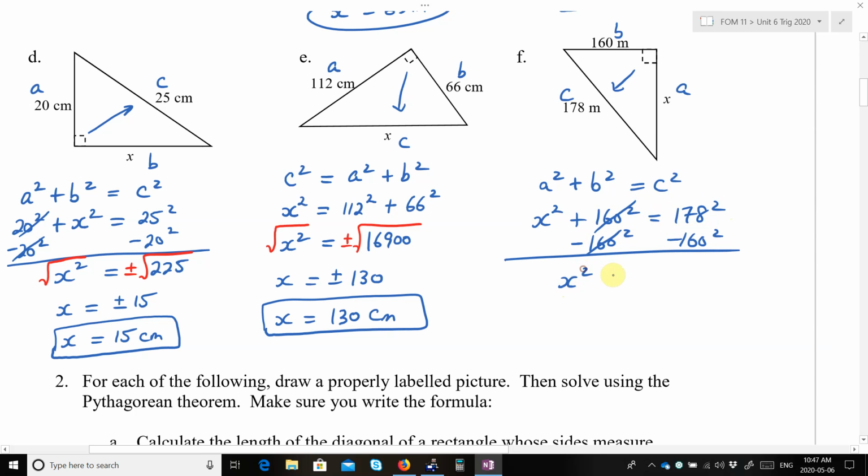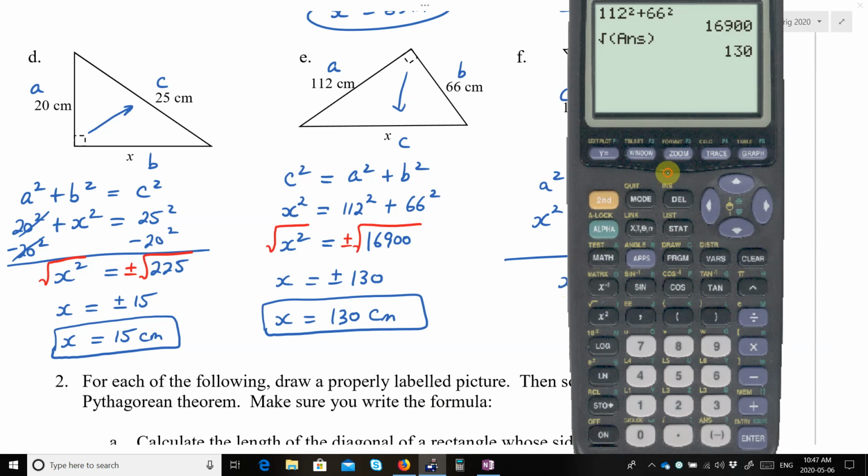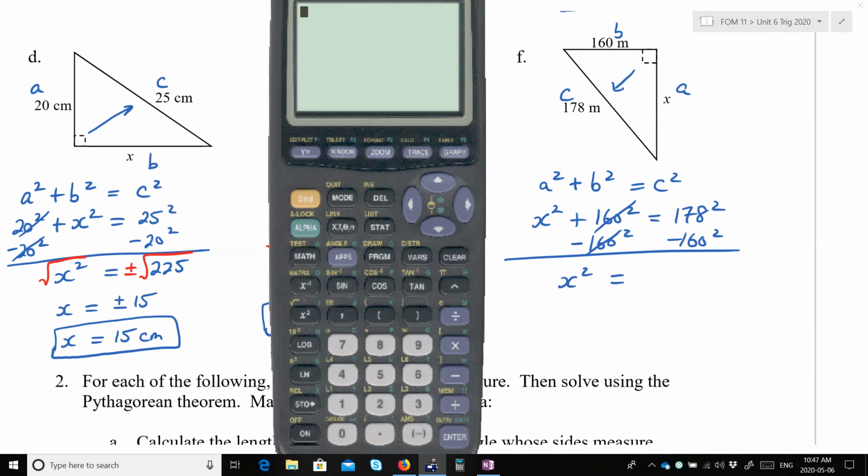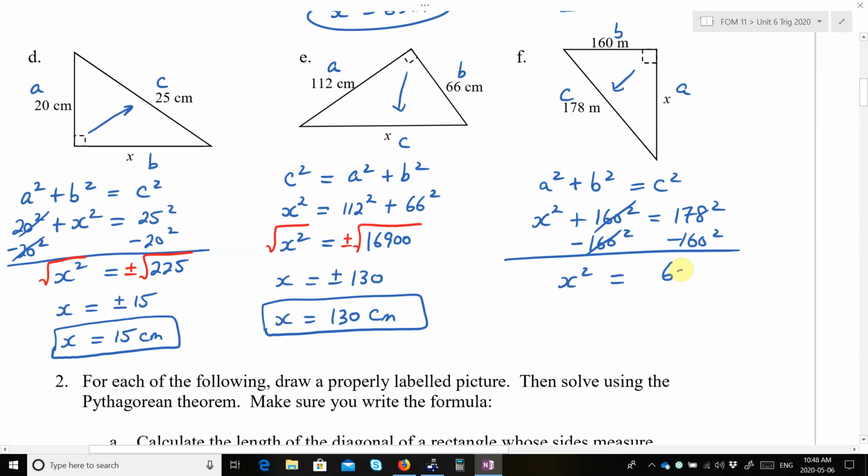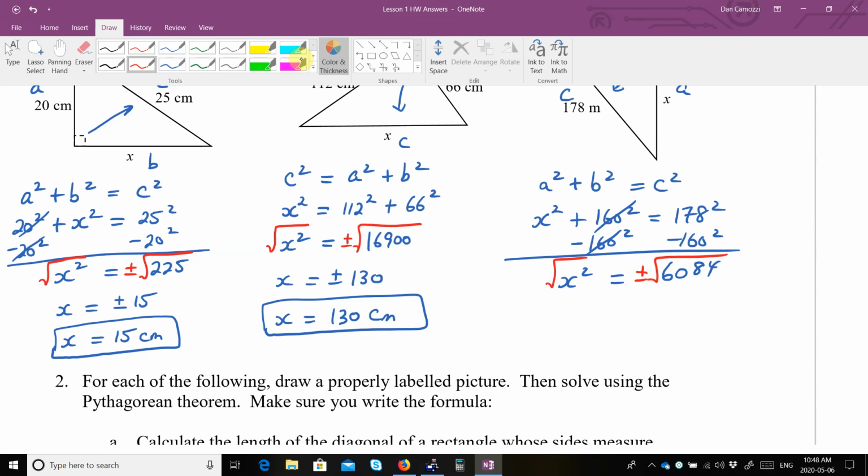And we get X squared is equal to 178 squared minus 160 squared, which is 6084. Square root with a plus or minus in front.